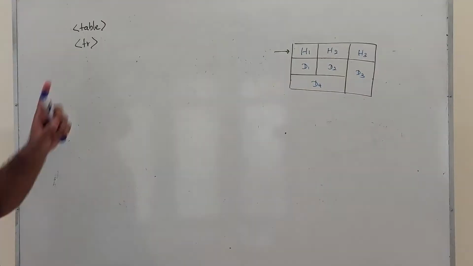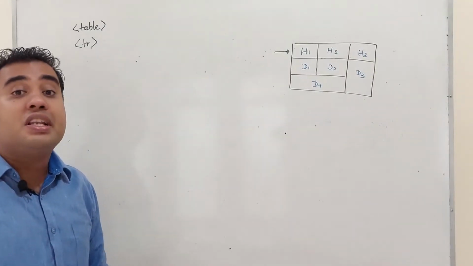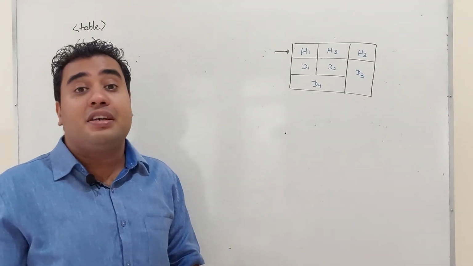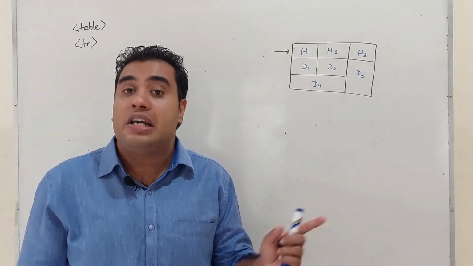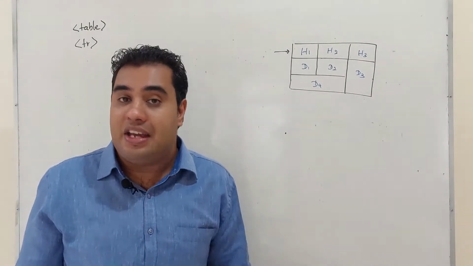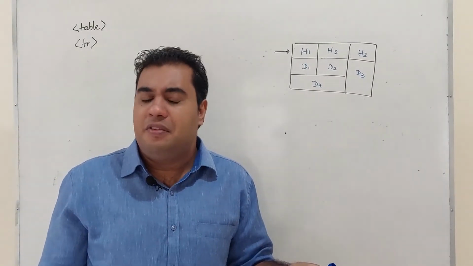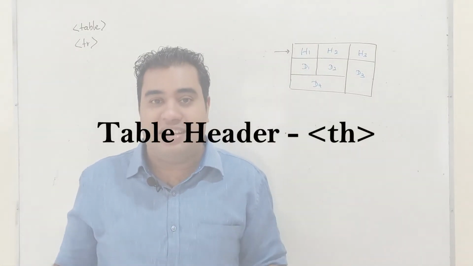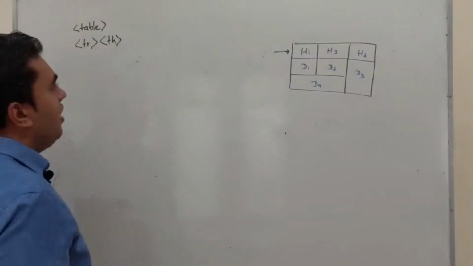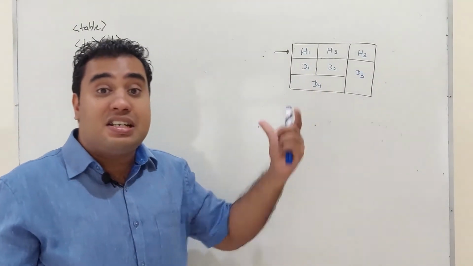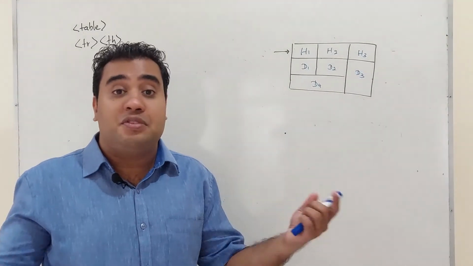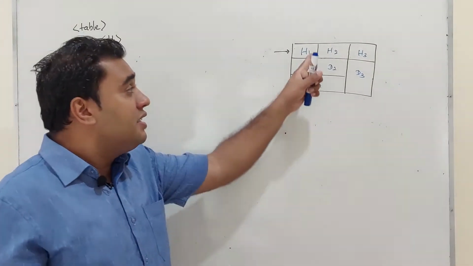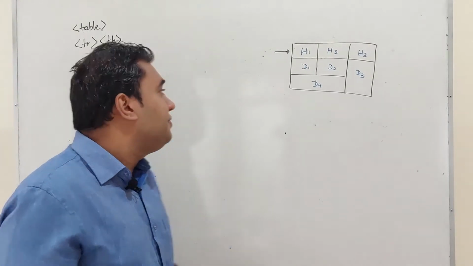So that is how we start defining a row in a table. The first thing that we have in the first row is a heading, a table header. For that, we use the tag th, table header. Then you say what the content is in that particular cell, in that particular header. The content is h1.